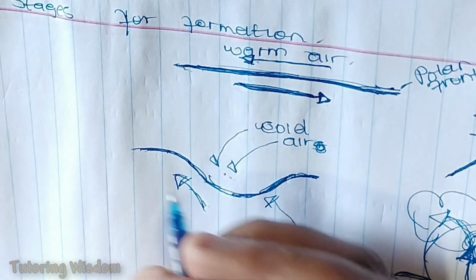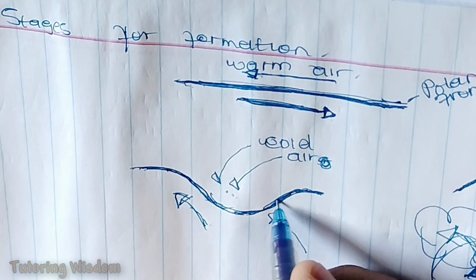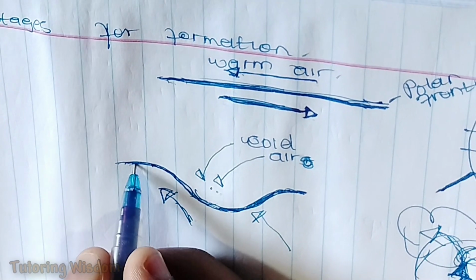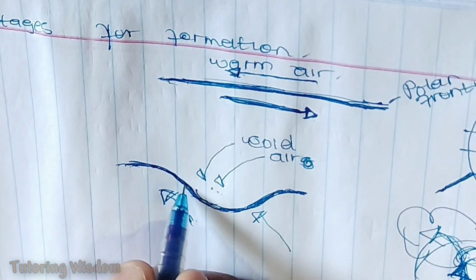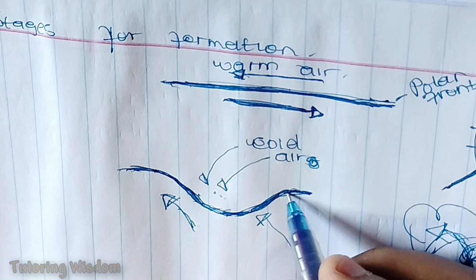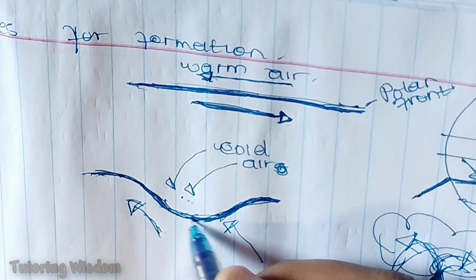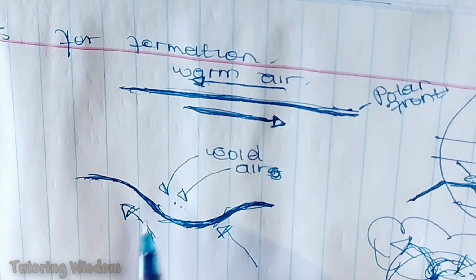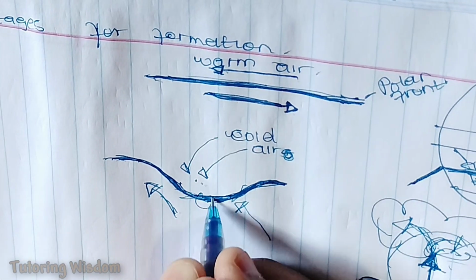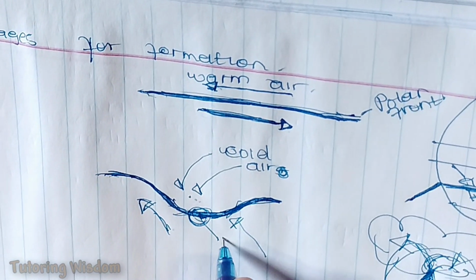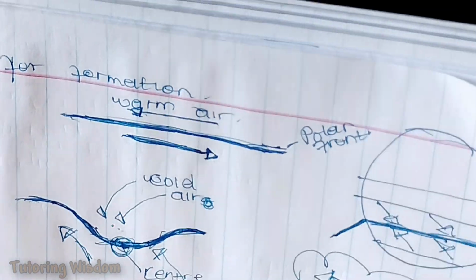Fronts start to form, but they are not yet really formed. As we can see, this will be your cold front and that there will be your warm front, but they are not yet matured. Now that's the center of your cyclone, right?